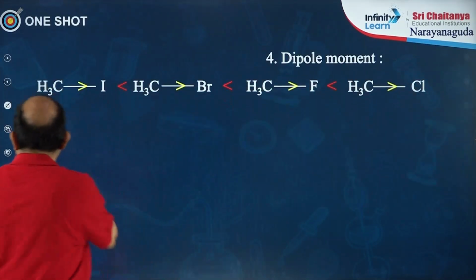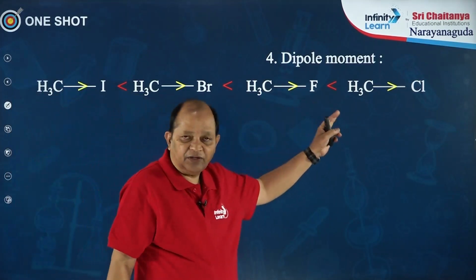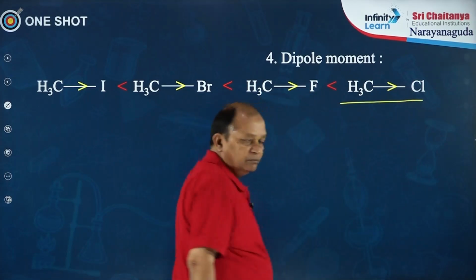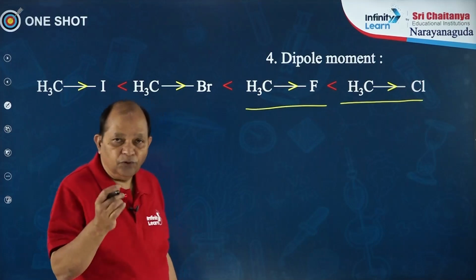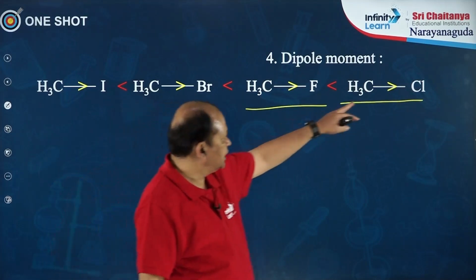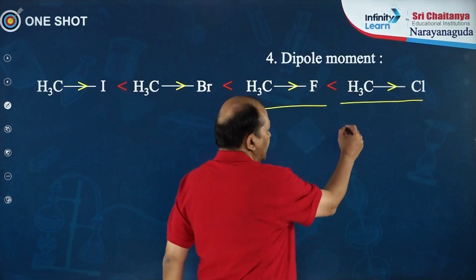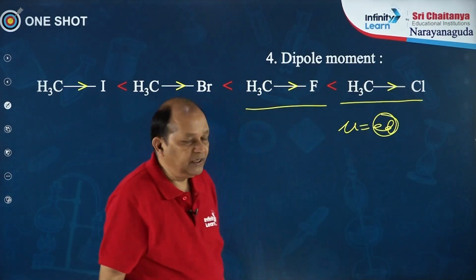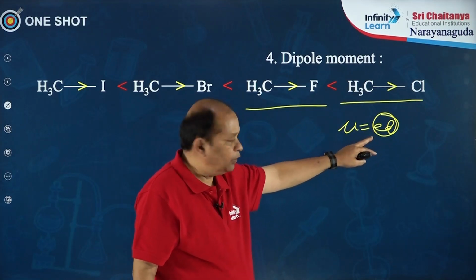The other one is about dipole moment. Here, this is an interesting order. We can see the order of dipole moments. We can see the highest dipole moment for methyl chloride, not for methyl fluoride. Though fluorine is more electronegative, the highest dipole moment is observed in methyl chloride, because you know that mu is equal to e times d. The product value is higher for methyl chloride, so it has a higher dipole moment.